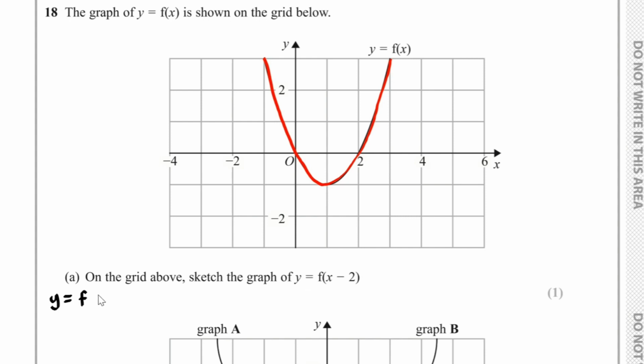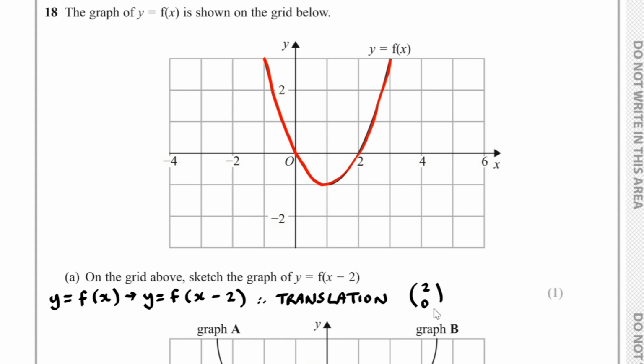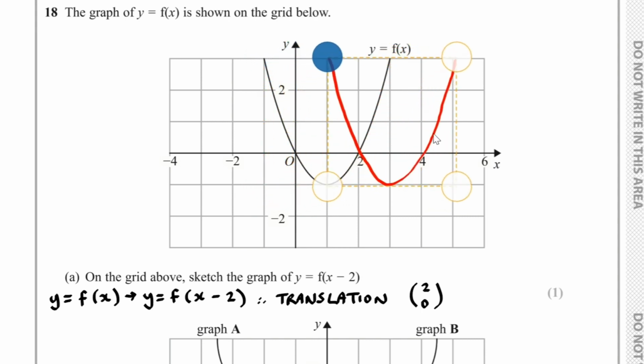From y equals f of x to y equals f of x minus 2, this would be a translation by vector 2, 0. So I've got this curve here, I need to move it 2 units to the right, so I've got 1, 2 units to the right.